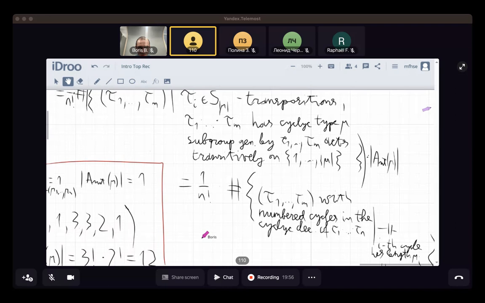Then in the first definition, the number of automorphisms will be equal to 2, because you can interchange 1 and 2, and the order mu_1 through mu_n remains the same. And in this definition, you have two ways to order your cycles such that the condition will be satisfied. Right? So now is it clear?